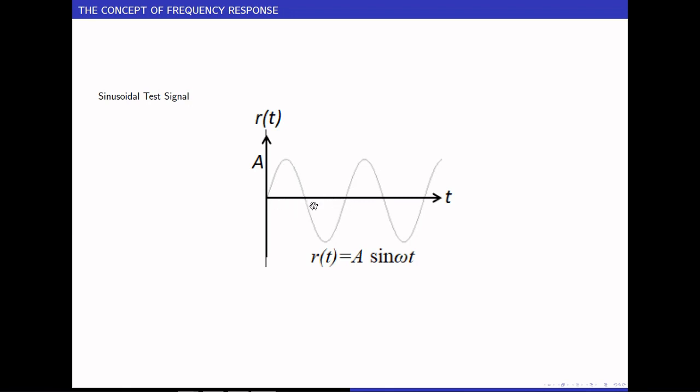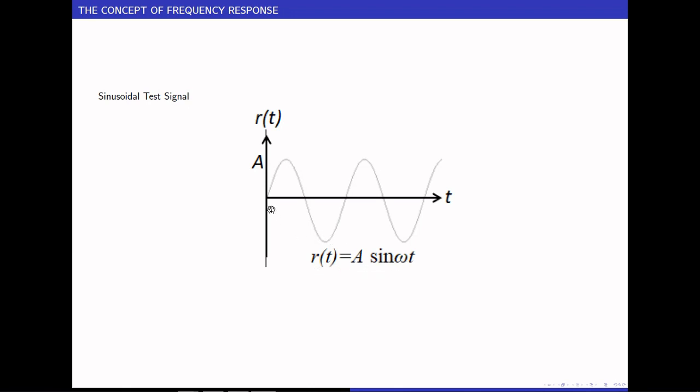The number of oscillations or number of cycles in 1 second, this can be represented either in hertz, cycles per second, or in radians per second. So mathematically, a sinusoidal test signal can be represented by R of t is equal to A sine omega t.